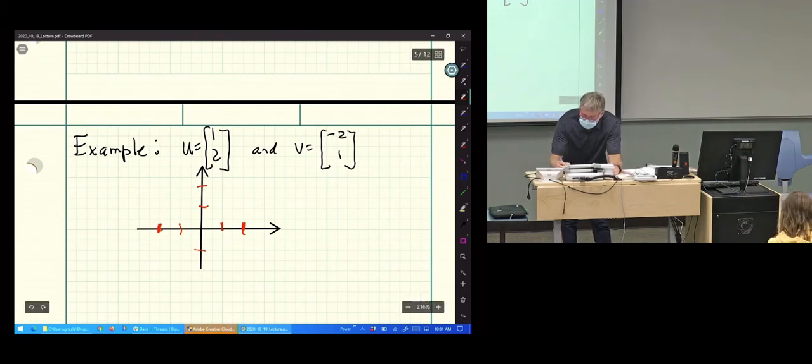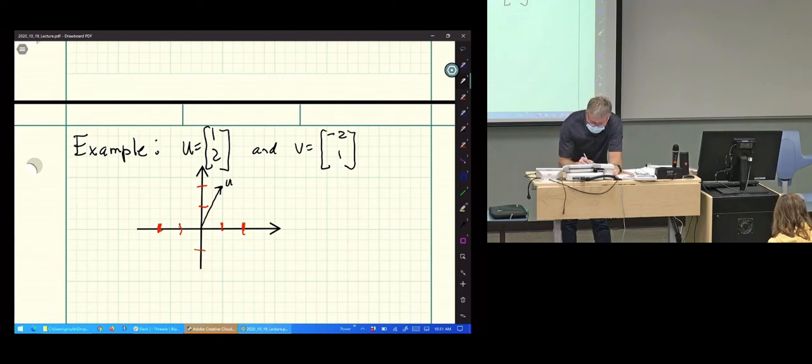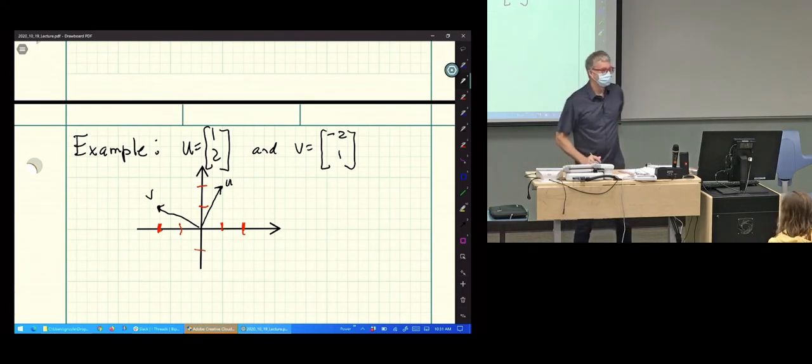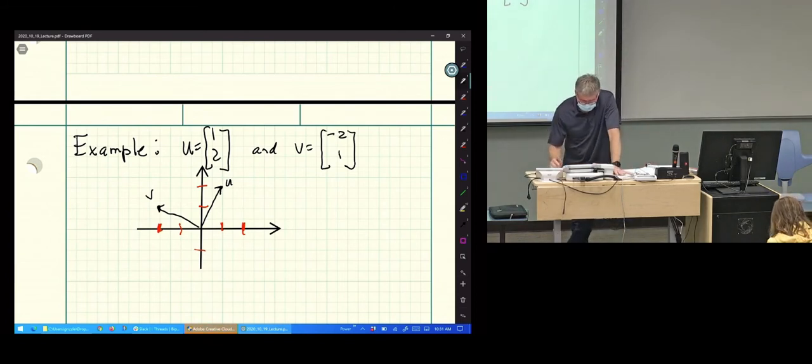So let's plot the two vectors. u has x component 1 and y component 2. So here's u. And v has x component minus 2 and y component 1. And here's v. Now, you can check that this is a right angle.